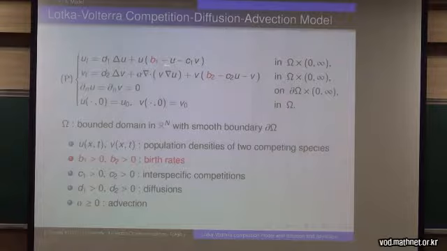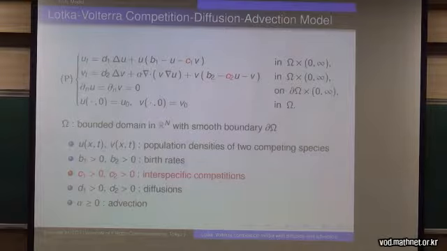Here, B1 and B2 are given positive constants, which mean the birth rates of the respective species, U and V. And C1 and C2 are also given positive constants, which mean the interaction due to the competition between different species. And in our model, the intraspecific competition coefficients are normalized to 1, like this.